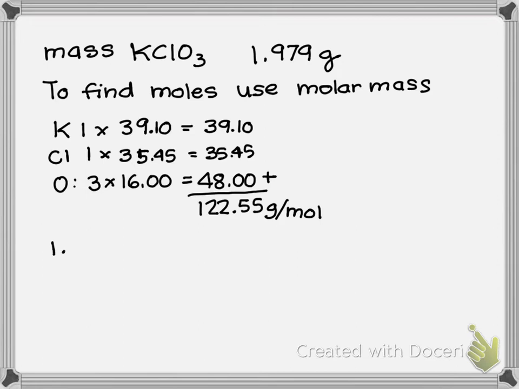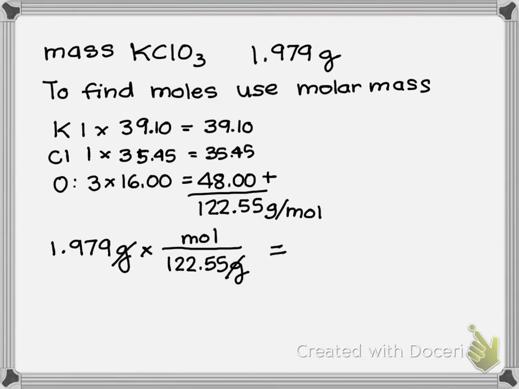So I have 1.979 grams. That's what I calculated from lab. And we're going to divide, so put the molar mass on the bottom. So my units cancel. See, grams cancel. So I'm dividing by the molar mass to figure out the number of moles.